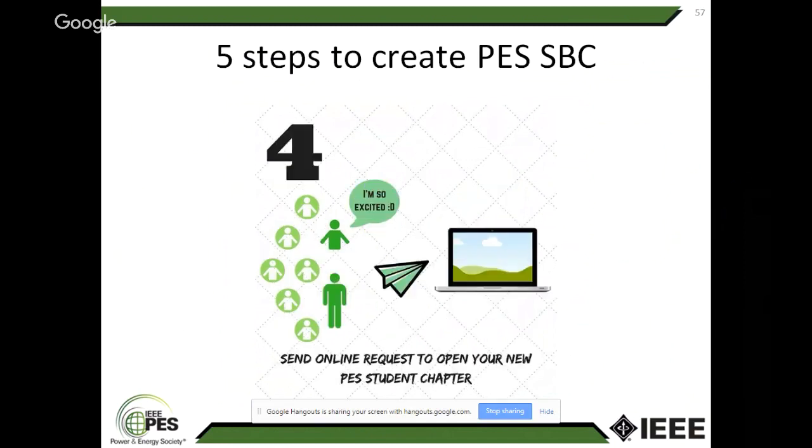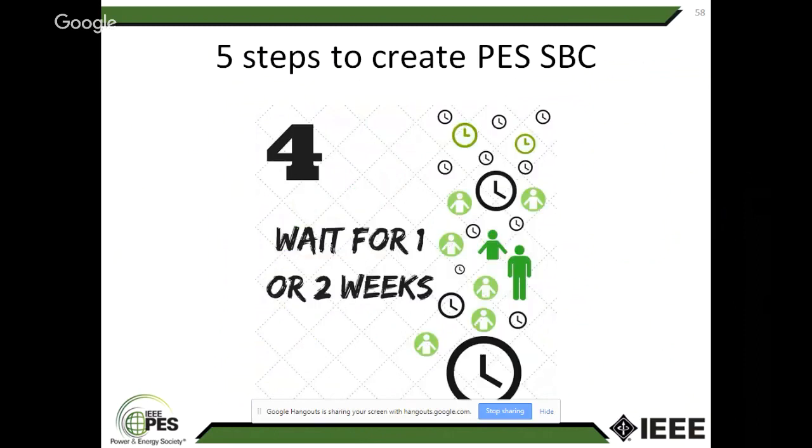After that, you should send the online request to open your new PES student chapter, and in more or less 1, 2 or 3 weeks, you can get answers. One point is that you need to nominate the interim chair of the PES student chapter. You need to nominate 1 person, and later it's possible to create an election for the new PES student chapter.